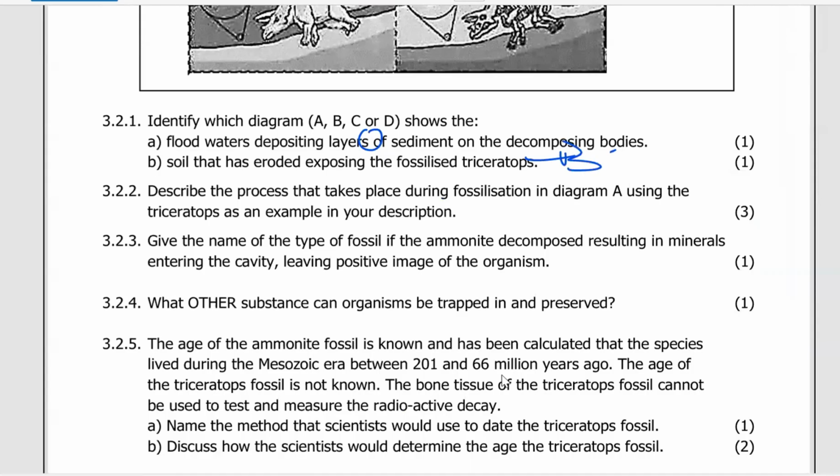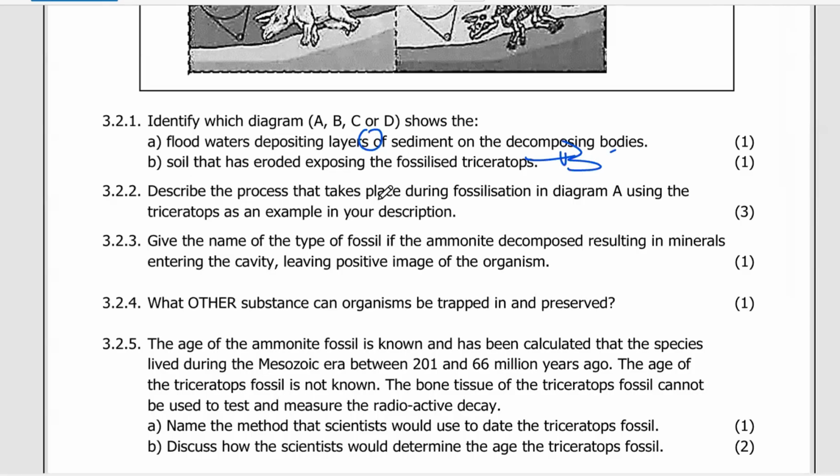Describe the process that took place during fossilization in A using the triceratops as an example. So here you need to explain the layers, the process which took place, and then you are able to get the marks. You're supposed to explain it in order.